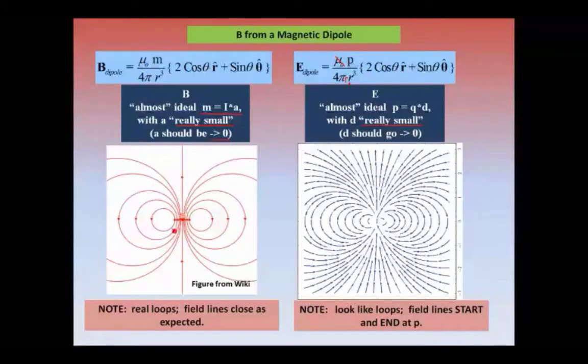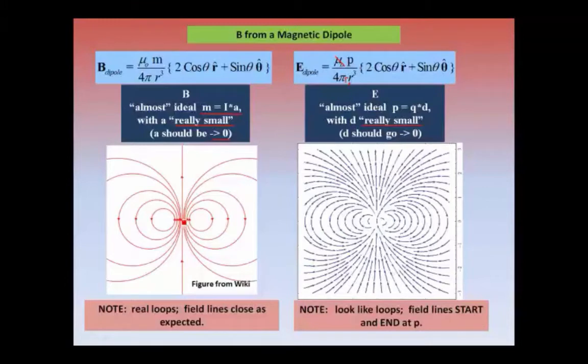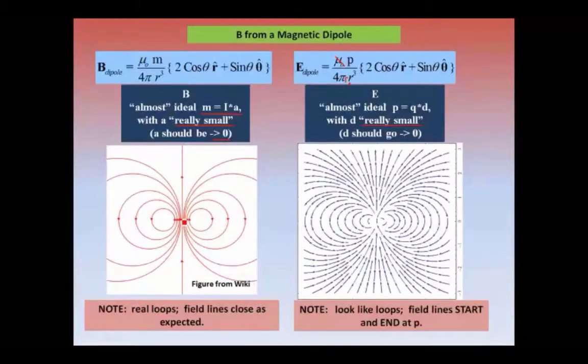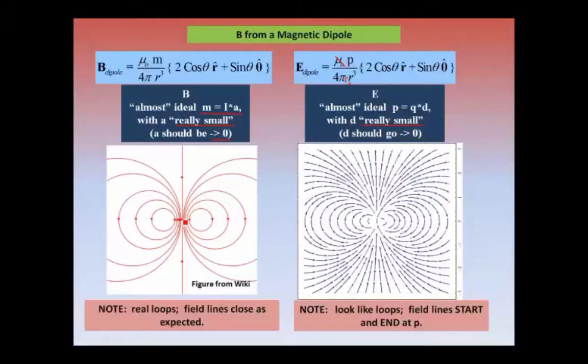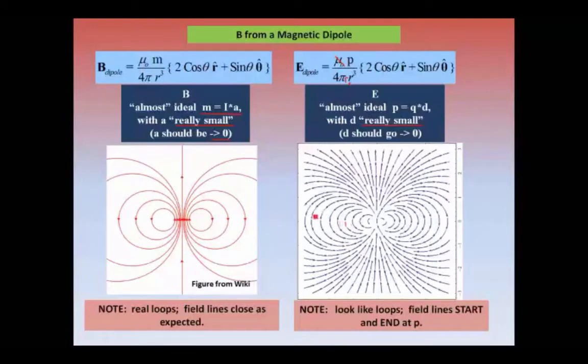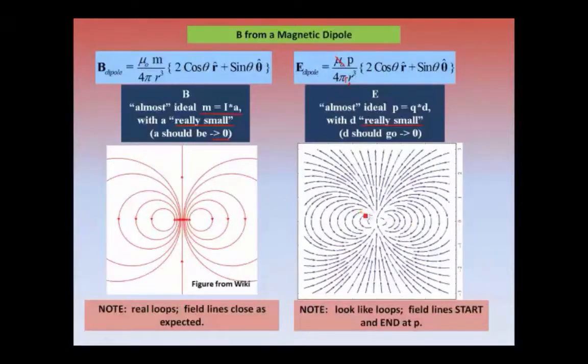Here the field lines are in fact closed, and in principle, as you go closer and closer to here, you'll still have closed loops, because you can't have a source and a sink for the magnetic field, because divergence of B equals 0. So you can see that these are very similar in shape and form, and in principle, if you took a point out here, and the way I plotted this, they don't look like circles.